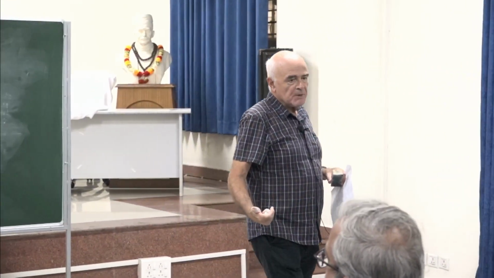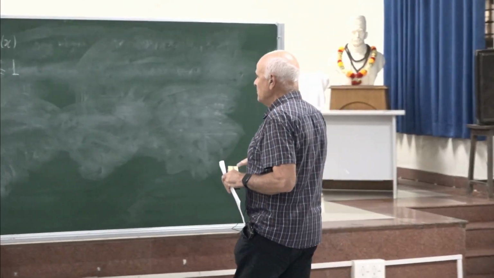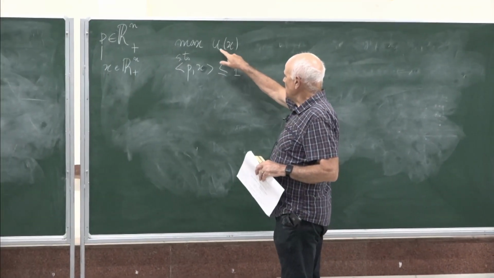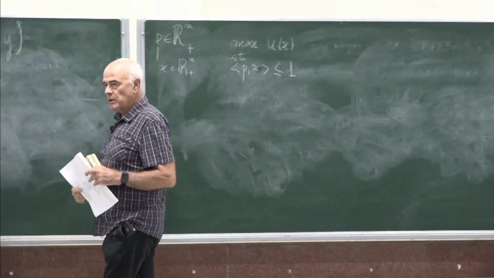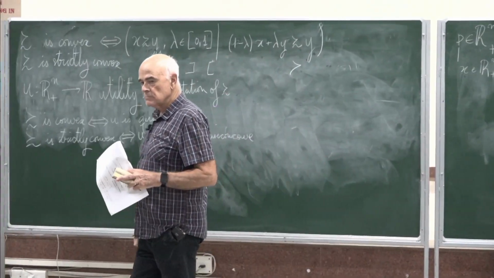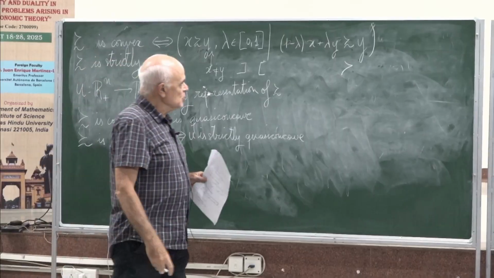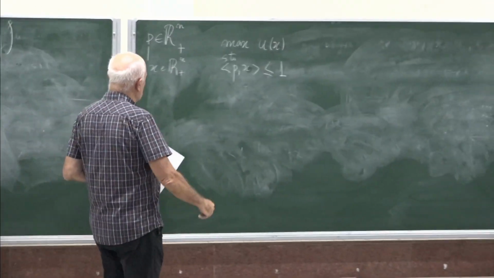There is also the implicit constraint that x is non-negative. No need to write it because it's clear as I write U of x, because U is only defined on the non-negative orthant. This is the consumer utility maximization problem.